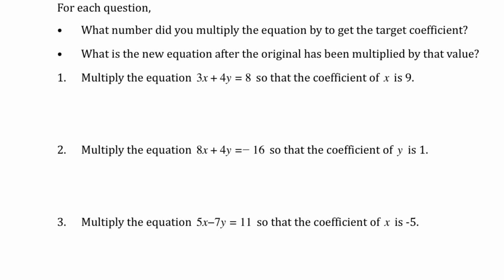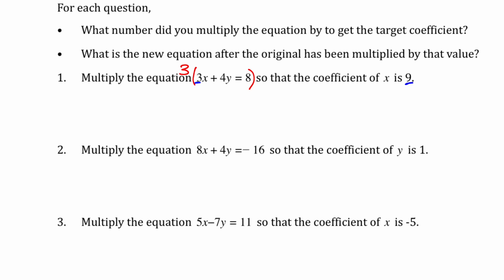Which number is my coefficient on x in the original equation? So my x has a coefficient of 3 originally. What do I multiply by 3 to get 9? 3. So we're going to multiply the whole equation by 3.